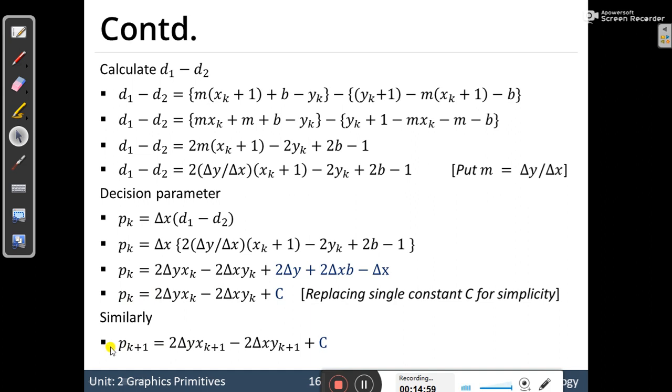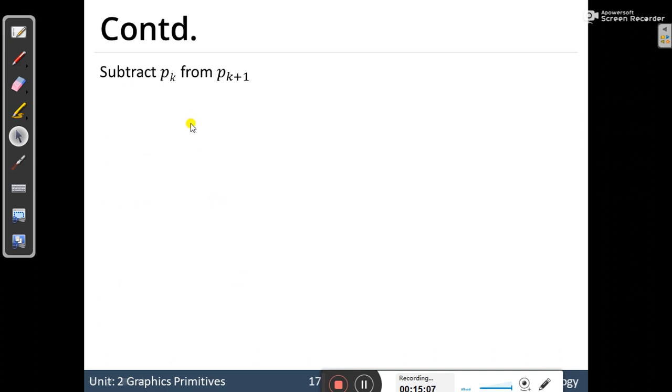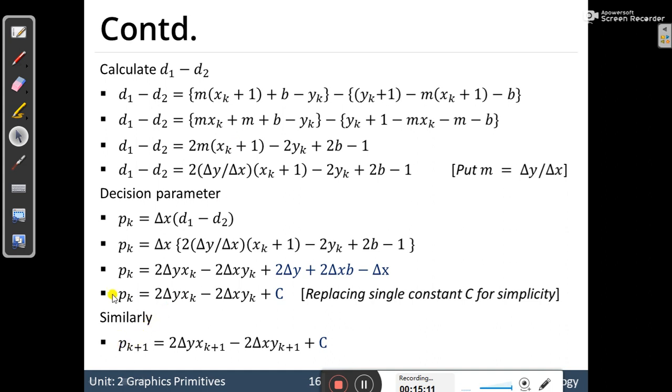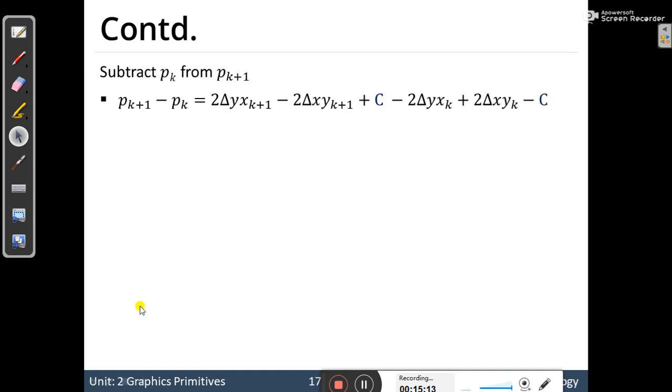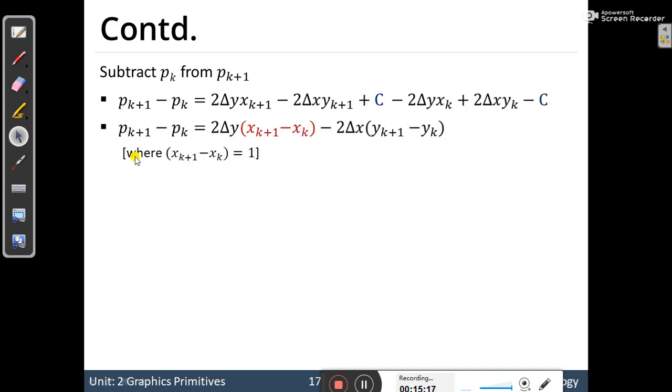Similarly, for pk plus 1, the next point, this is the first equation for pk, and this will be this point. So subtract pk from pk plus 1. We subtract these two equations. Then what will it become? It becomes twice del y, xk plus 1 minus xk, minus twice del x, yk plus 1 minus yk.